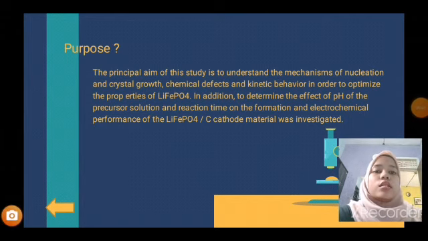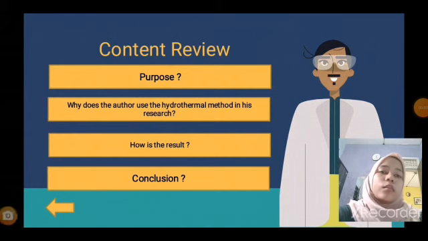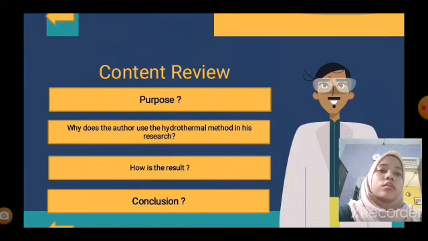Okay, next question. Why does the author use the hydrothermal method in his research?